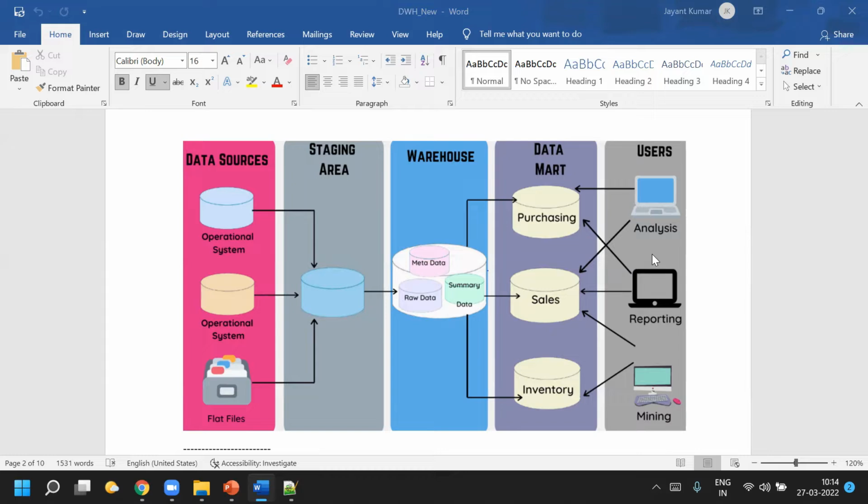Okay, so this is the architecture. If anyone has any doubt about the architecture, let me know and I will discuss it again. If anyone did not get the concept of data warehouse architecture, let me know so that we can discuss it again. If you don't tell me, I will consider that no one has any problem. Okay.